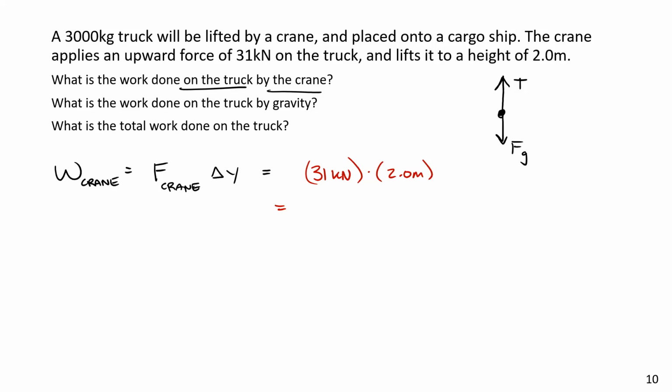But since it's a 1-to-1-to-1 ratio, I can say a kilonewton times meters will give me kilojoules. So I'm going to say it's 62 kilojoules.